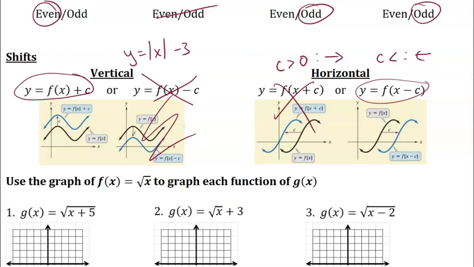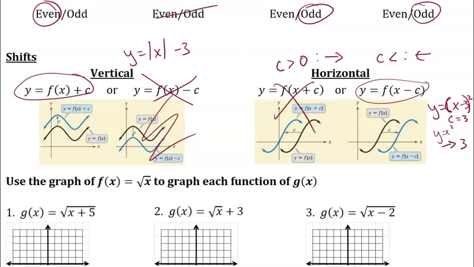c is the value that gets subtracted from the x coordinate. So if I see y equals, let's say, x minus 3 squared, that is y equals x squared, and I'm subtracting 3 on the inside, so that means c is a positive number, and I am shifting to the right by 3.